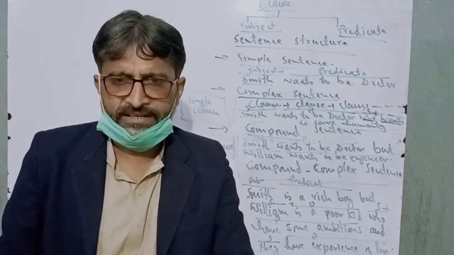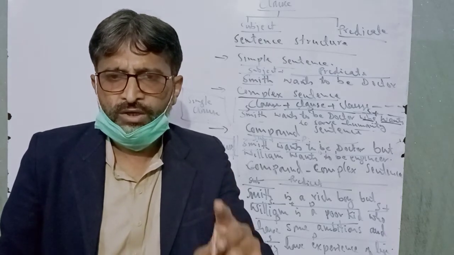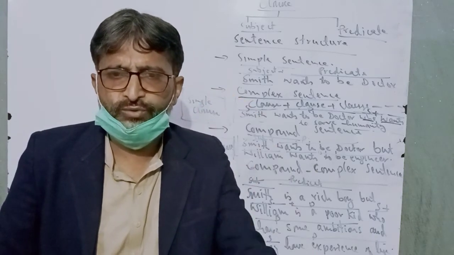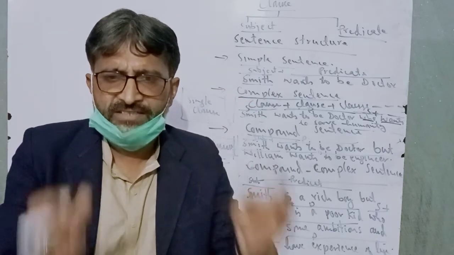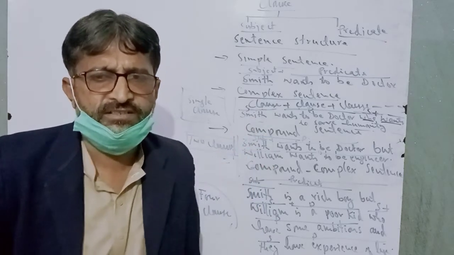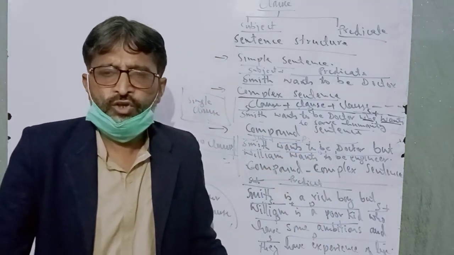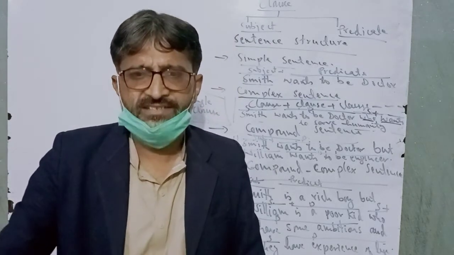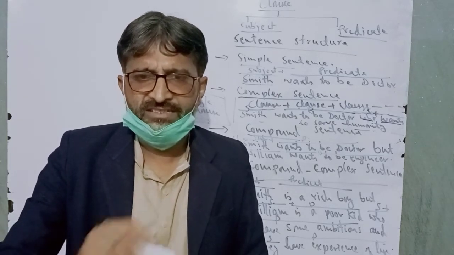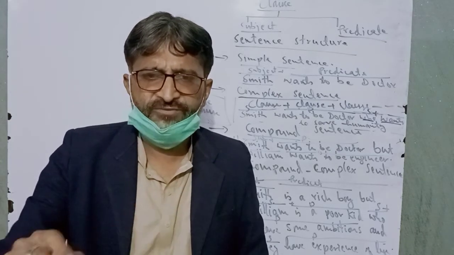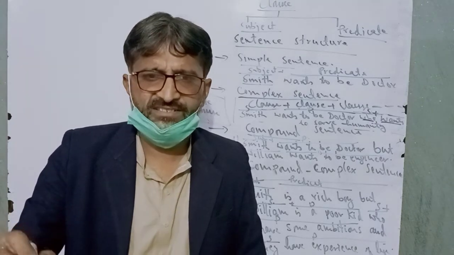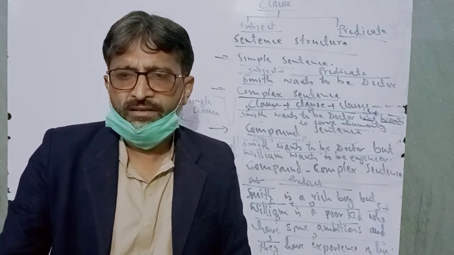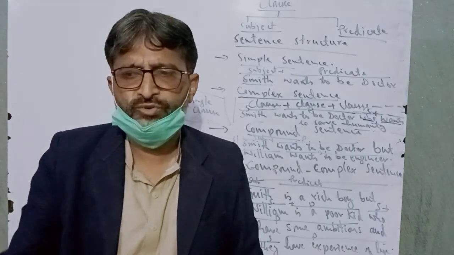When in a single sentence we find two or more than two independent clauses and one, two, three dependent clauses in the same sentence, that sentence is compound complex sentence. So in this way we can organize our discourse writing. We can write in this appropriate form, and that form is called clause structural form. So I think if you have any puzzle, any problem, any question, you can ask me, please.